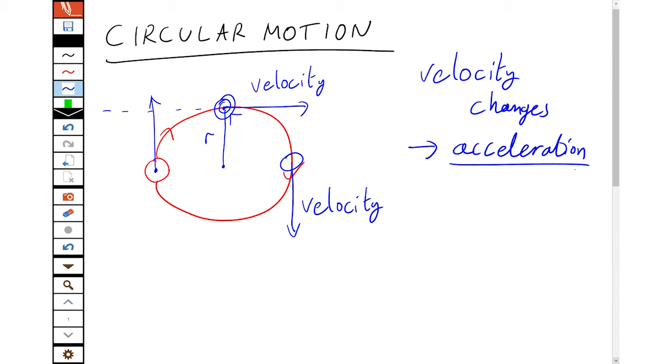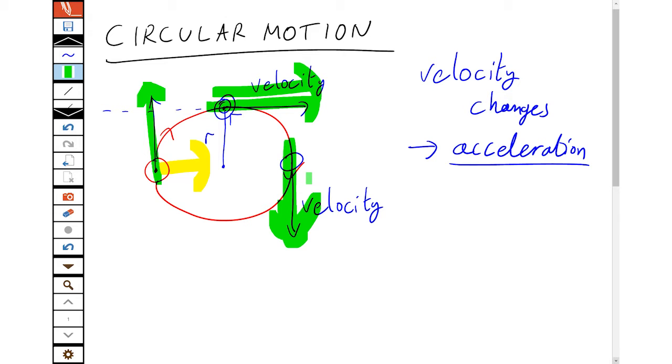And these objects are changing direction. It was going up, now it's going to the right, so the change in direction is to the right. Then it was going to the right, now it's going down, so the change in direction is down, and so on around the circle.